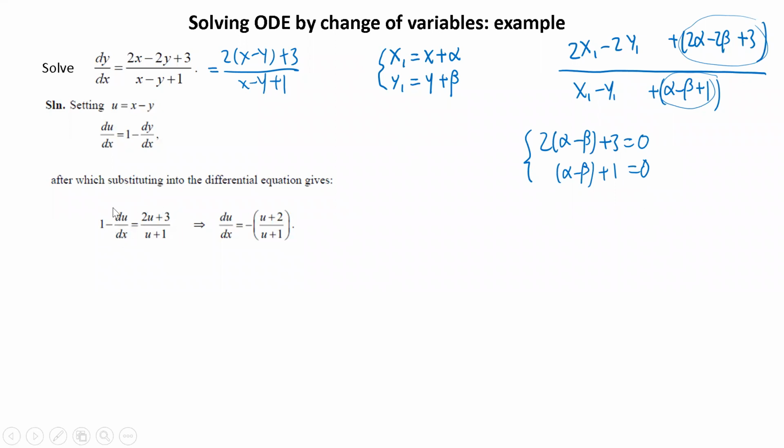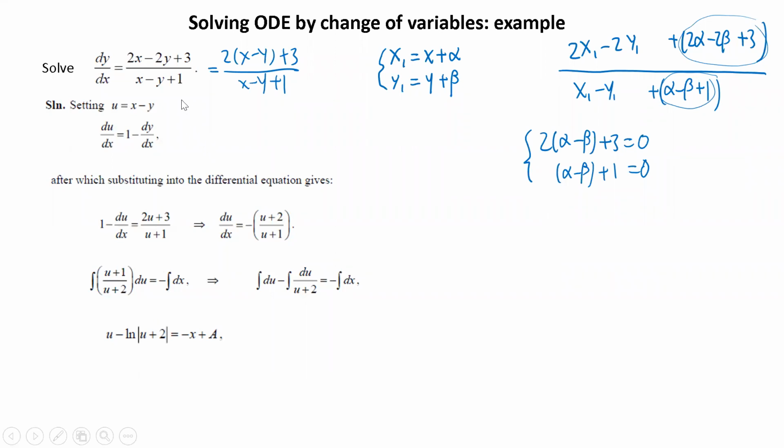So now we know how to solve it, right? Because du/dx equals some function of u, and this is just the separation of variables. And by that, you get the answer.